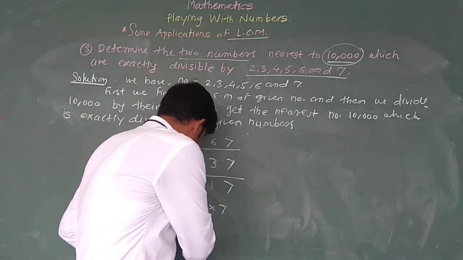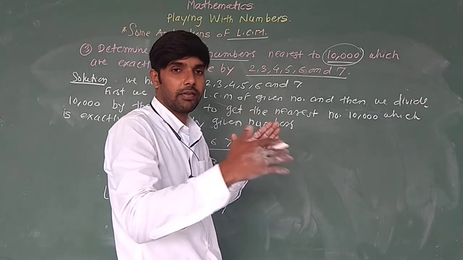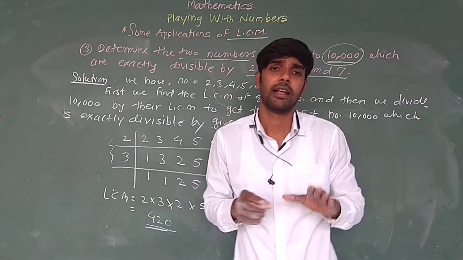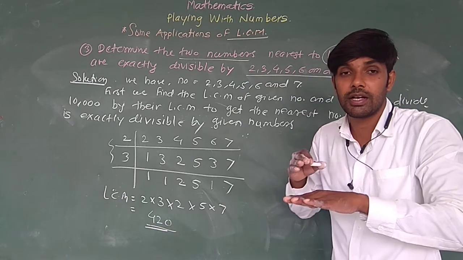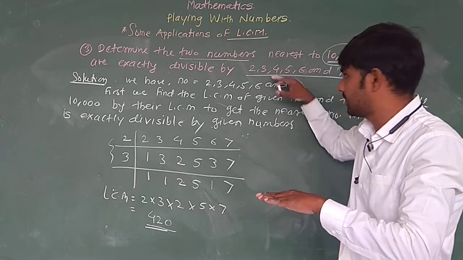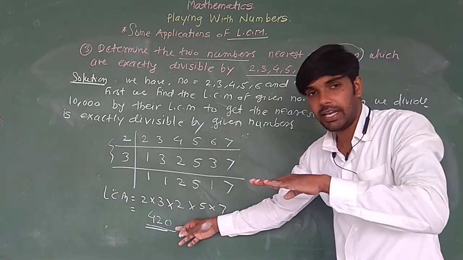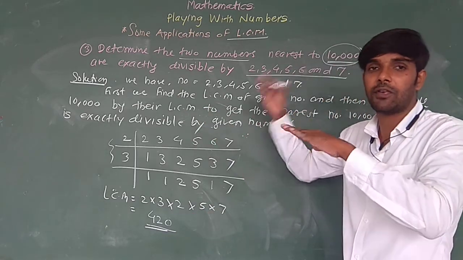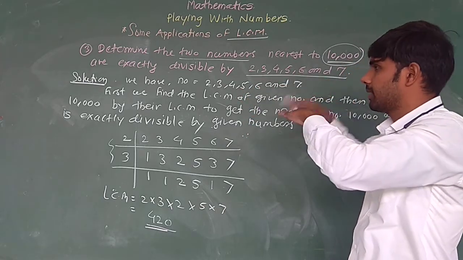We divide 10,000 by 420. Because the first number, we know, is the lowest number which is exactly divisible by these. The next number, we multiply this by 2, that is 840, the second number which is exactly divisible by these numbers.